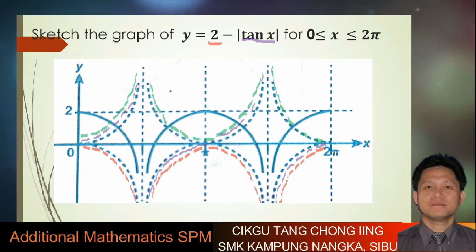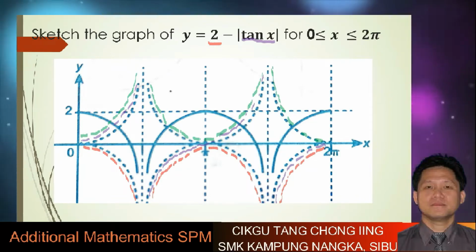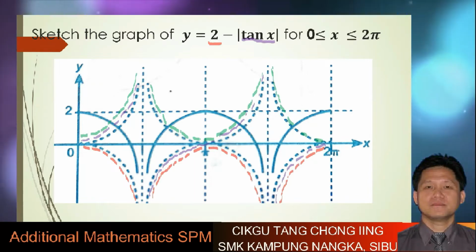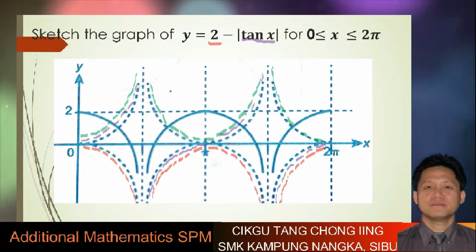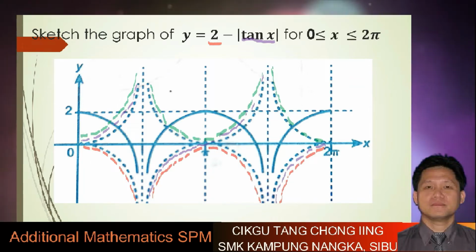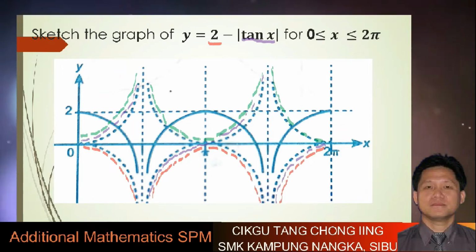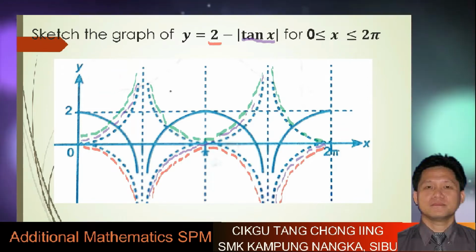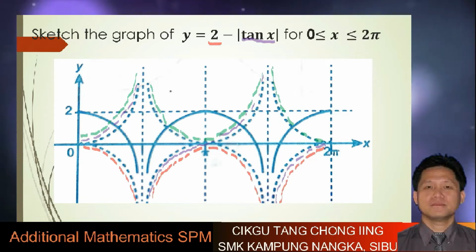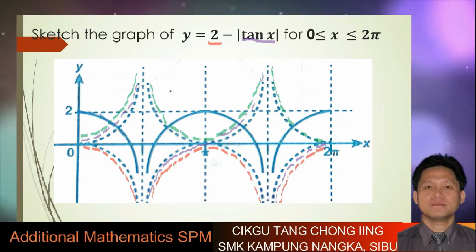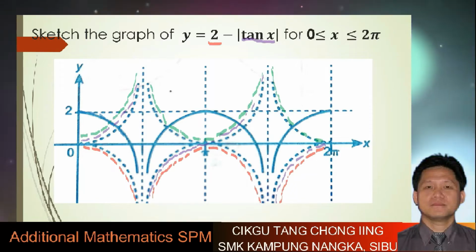So when it is shifted up by 2 units, then you notice that the graph here, when x equals 0, y equals 0 initially, now becomes 2. Because it has been shifted up by 2 units. Right? The whole graph been shifted up by 2 units.